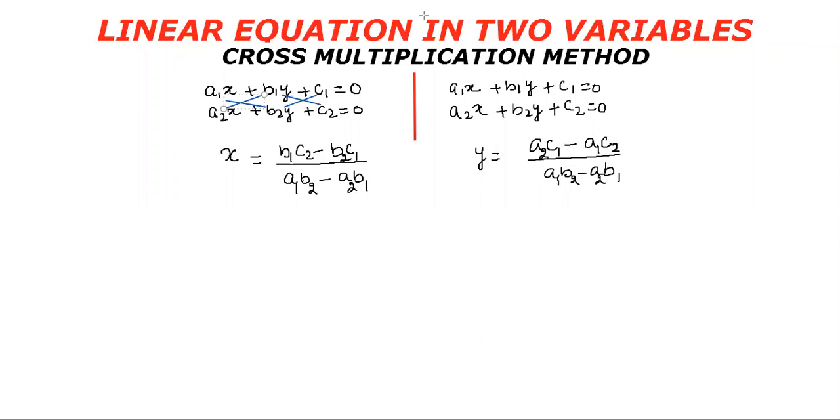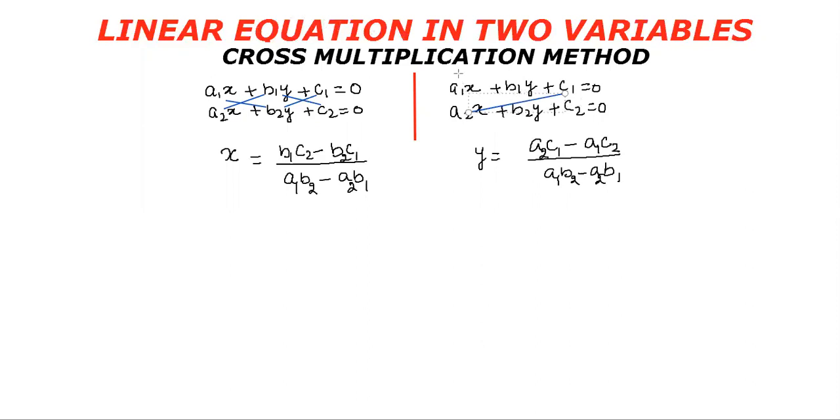Similarly, children, when you find the numerator of y, you are multiplying a2 by c1, and then you are multiplying a1 by c2.